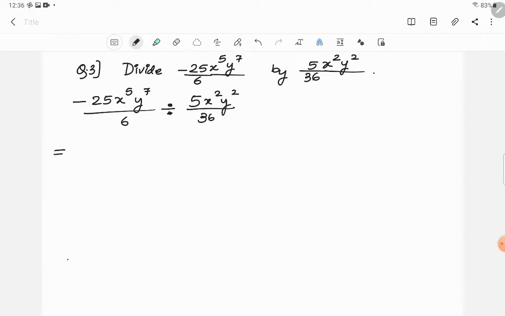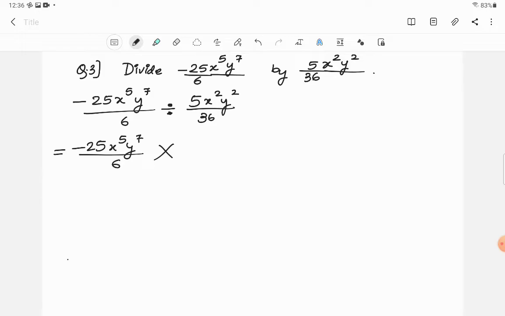So whenever you're doing division of fractions or division in algebra, you always follow the keep, change, flip method. Keep means keep the left hand side, minus 25 x to the power 5 y to the power 7 divided by 6, as it is. Change means change the divide to a multiply. Divisions always should be solved in this way. You change the divide to a multiply and flip the right hand side number.